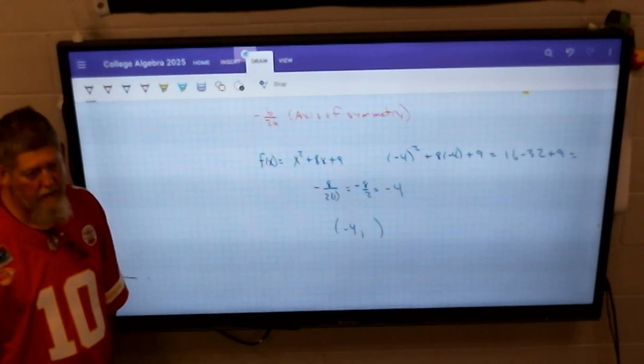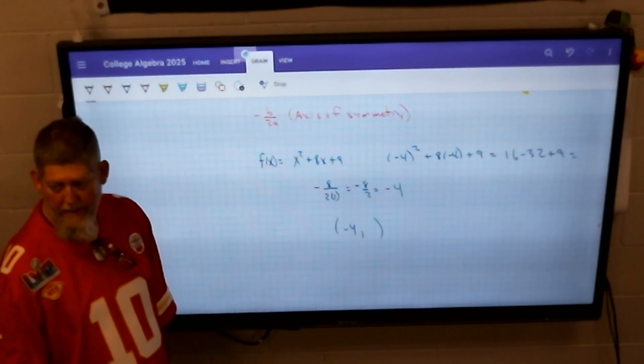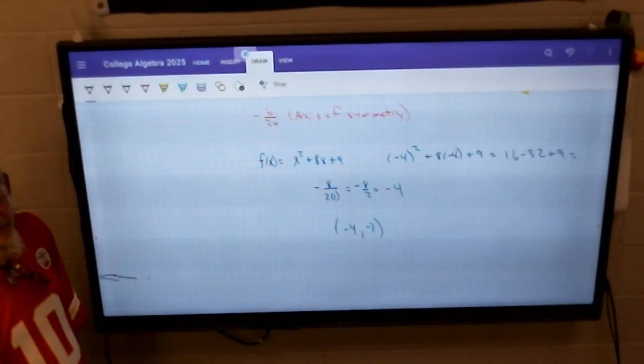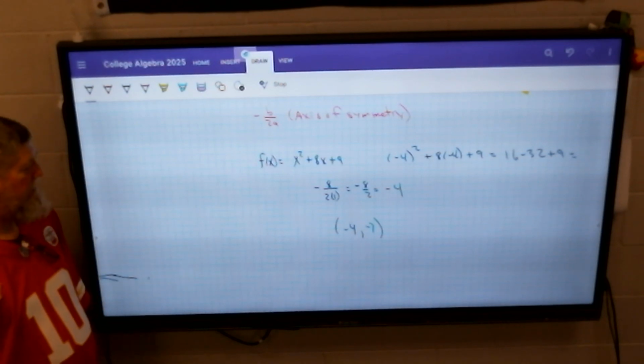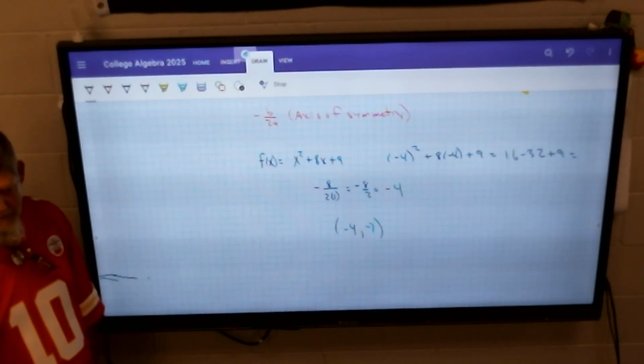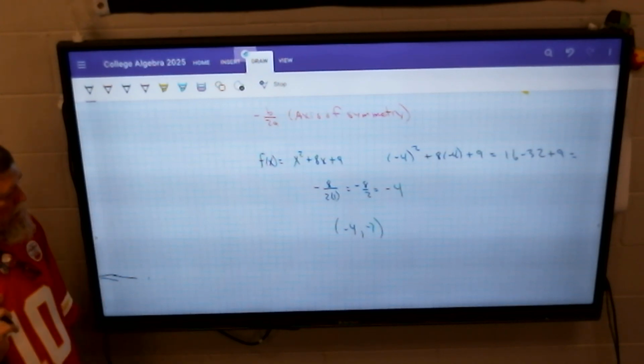Negative 7. Okay. Now, does that make sense? Negative b over 2a, plug it back in, you get your vertex.